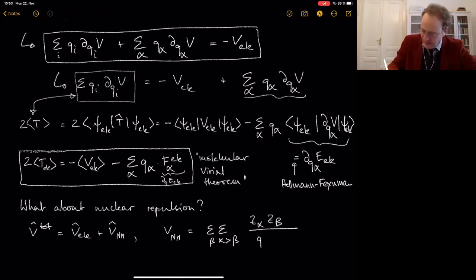And then you have the distance in the denominator. And these are vectorial properties.